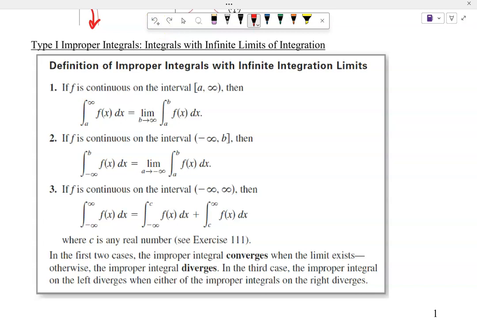Do note, the improper integral converges if the limit exists. In other words, we get a value for it. Otherwise, it's diverging. And in the third case, if either of these does not converge, then we just say it diverges.